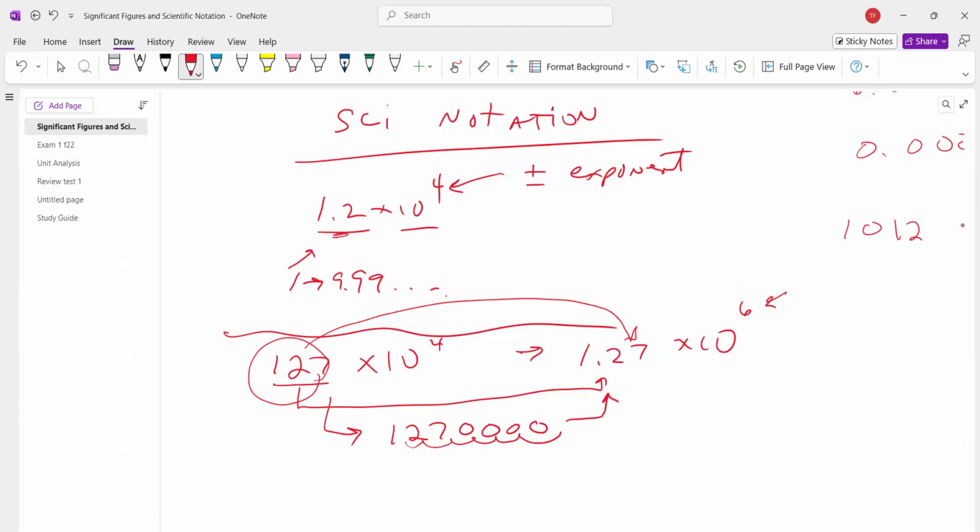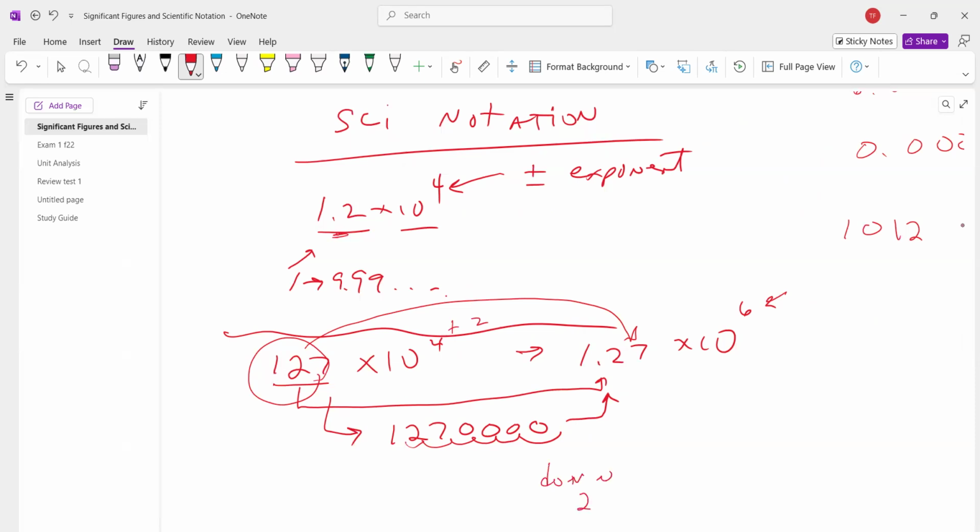So what we do to one, we do the inverse operation to its counterpart. If we're dividing by 2 decimal places to get 1.27, we've got to up it by 2 decimal places in the exponent. So the exponent goes up by 2, the number goes down by 2.